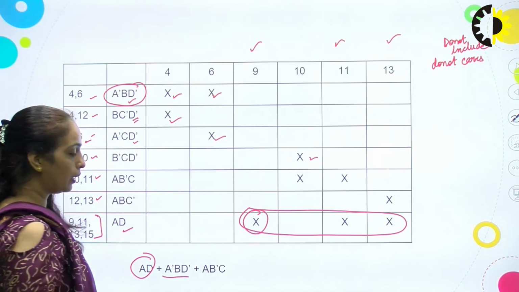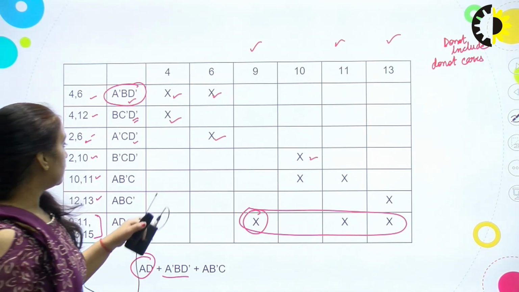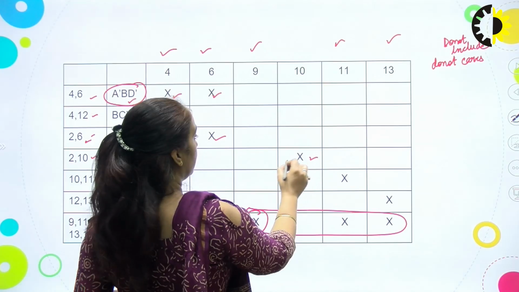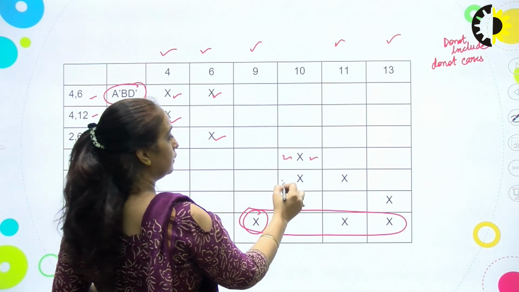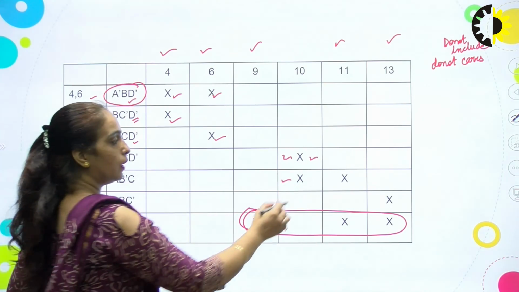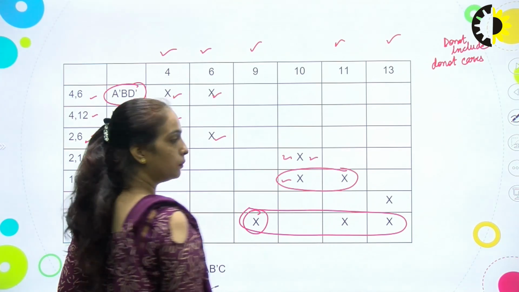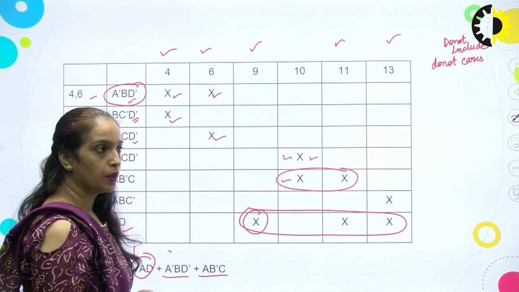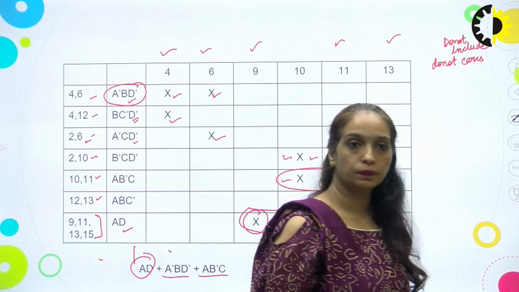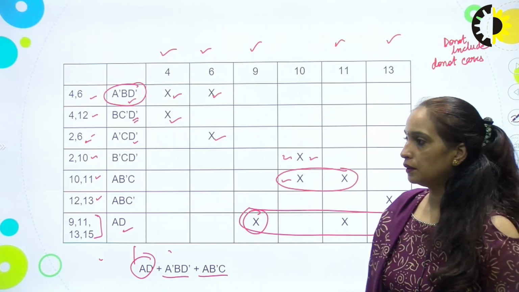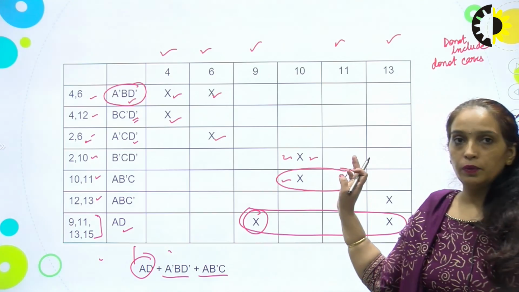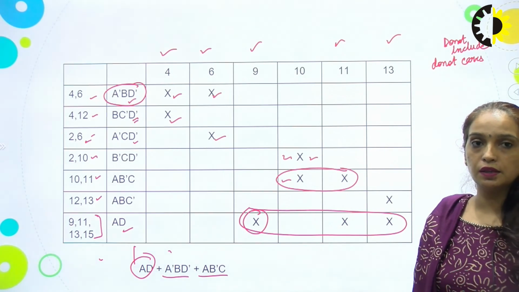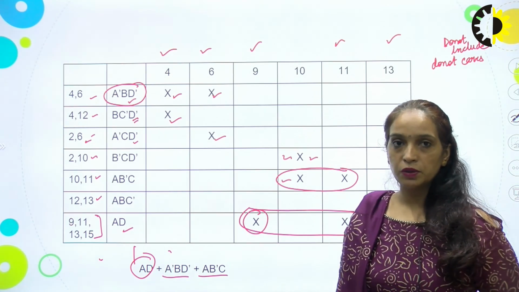So, I write A bar, B, D bar. Now, 10 is covered under this and under this also, so we are going to include the maximum variables and write A, B bar, C. In this way, we are going to solve the tabular method. The only difference is we don't have to include the don't cares in the last prime implicant table. Thank you so much for the lecture.